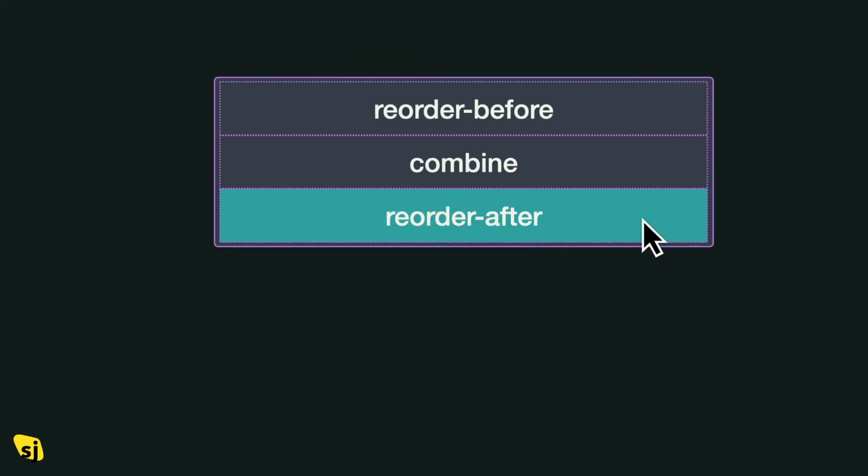It's the idea that every menu item can support up to three operations: reorder before, combine, and reorder after. When you're wiring it up, you get to decide which of those is available for this menu item. And you get to decide during the drag, so you don't have to decide once; you can decide on every tick what operations are available.